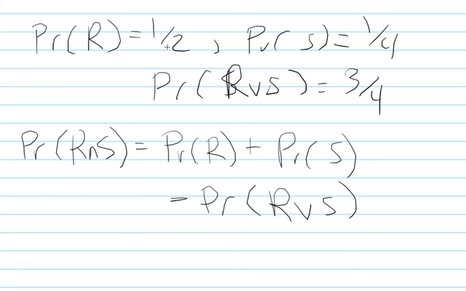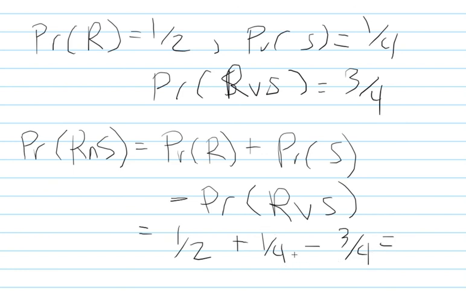And so this is what's given to us by the question, and then here we've applied the general formula and switched it around in the right way. And so the rest is we simply just substitute in the values we know for the values on the right hand side. So we have that the probability of R and S equals 1/2 plus 1/4 minus 3/4.